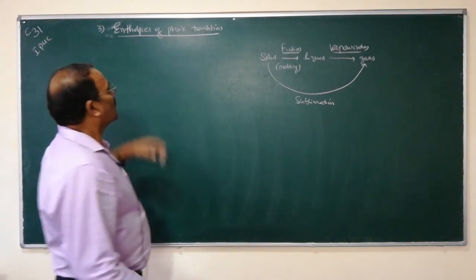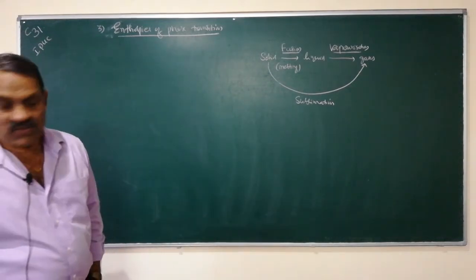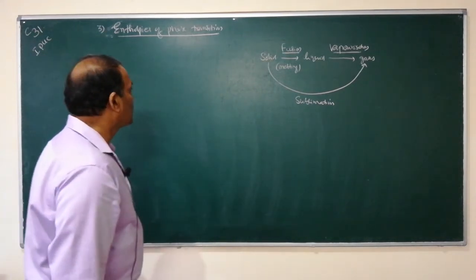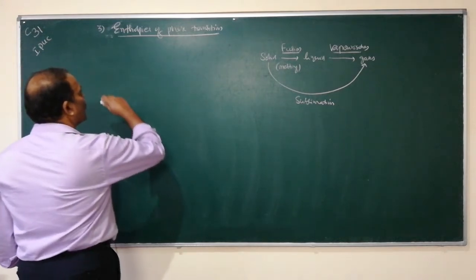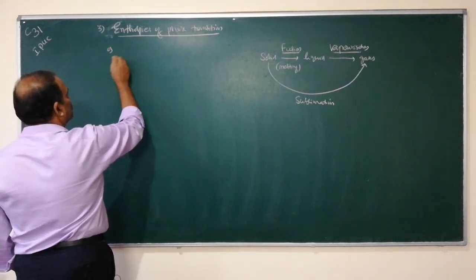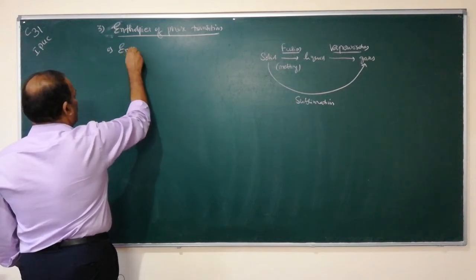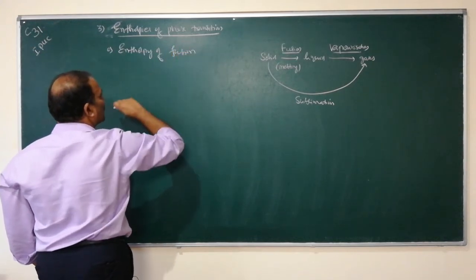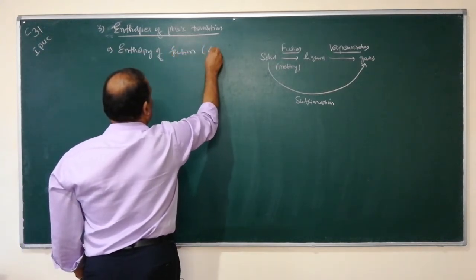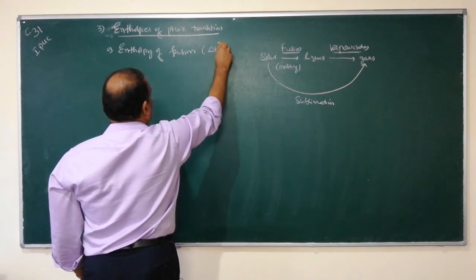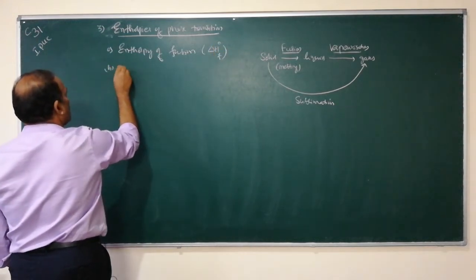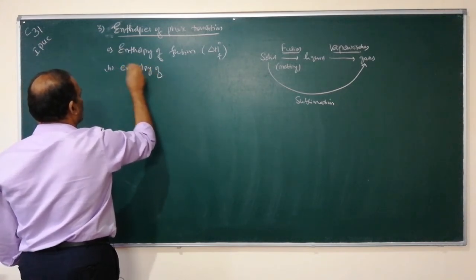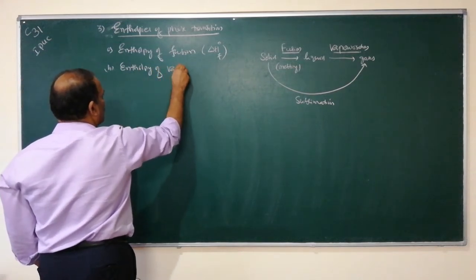So coming to different types, depending upon the different types of phase transition, there are three types of enthalpies of phase transition. Number one, enthalpy of fusion, that is delta H naught of F. B, enthalpy of vaporization.